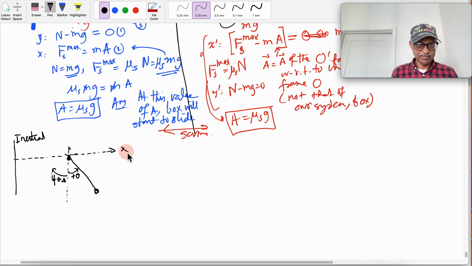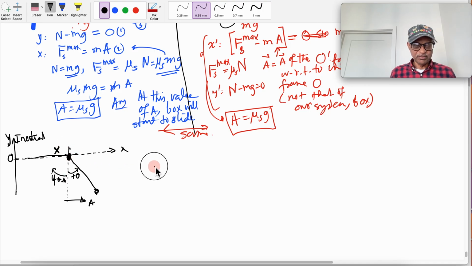This will be my x-axis, this is the y-axis, and this is O. Of course, this point is moving with the truck, with acceleration A. Let's call this distance big X, and X will depend on time.